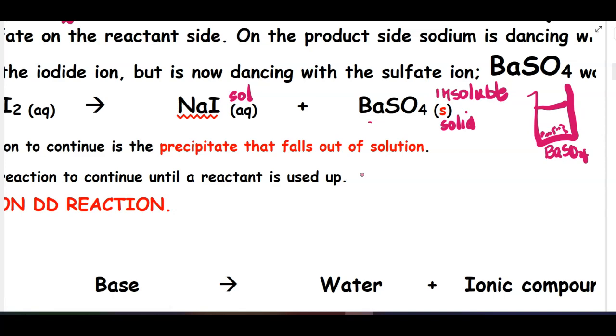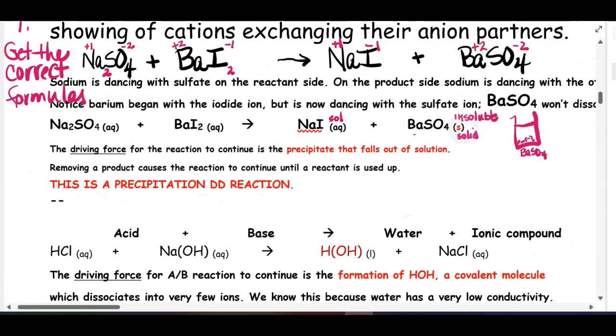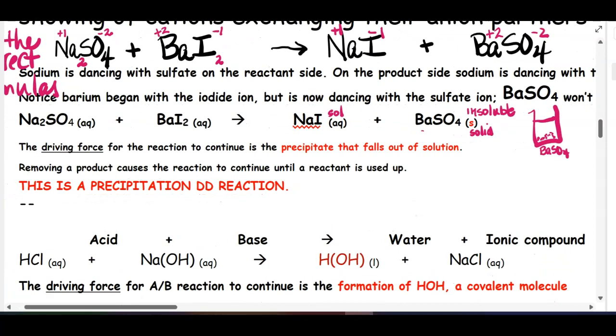Now, the driving force for this reaction to continue is the precipitate that keeps falling out of solution. So removing a product causes the reaction to continue until either sodium sulfate is used up or barium iodide is used up. So this is an example of a precipitation, which is a double displacement reaction.